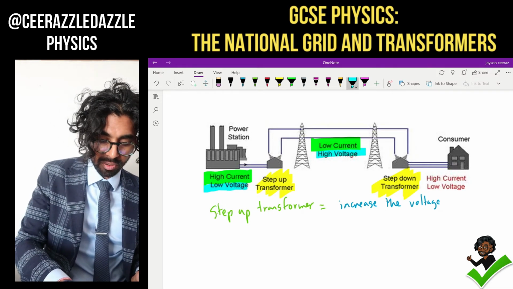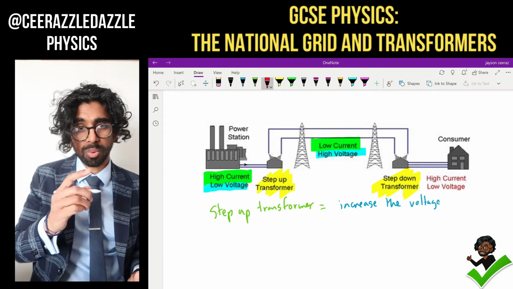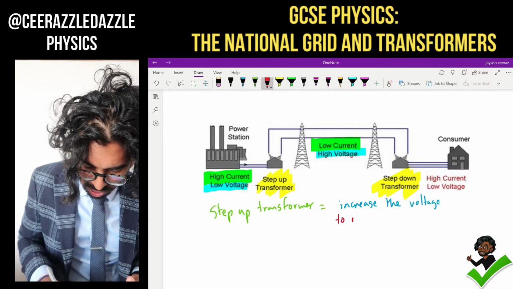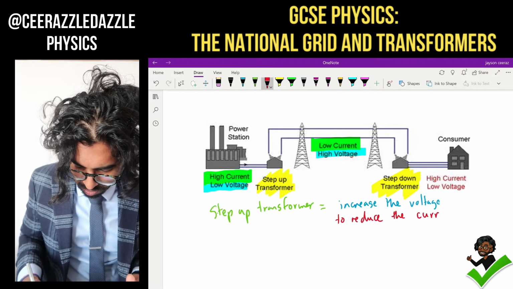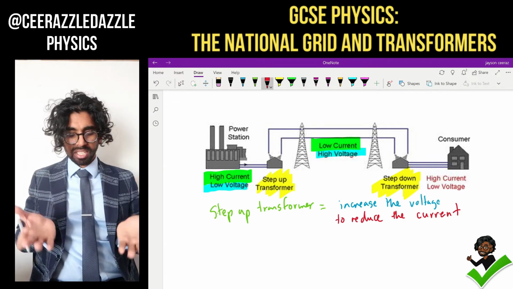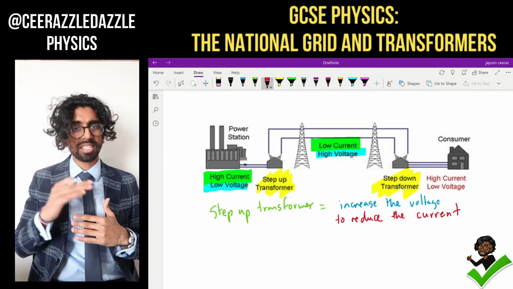So it increases the voltage, but as it increases the voltage, the current will drop down. And that's what we want. Yeah, step-up transformer is stepping up the voltage to reduce the current. Why do you want low current? So there's less heat loss.